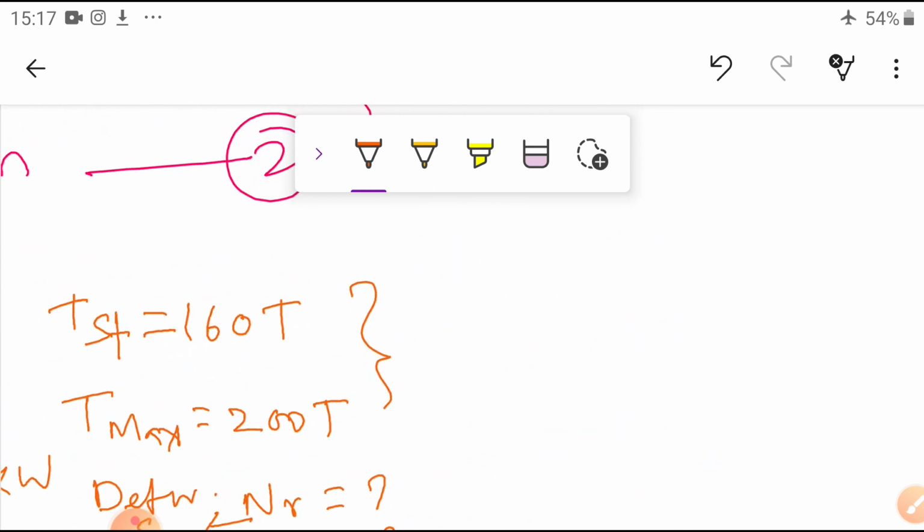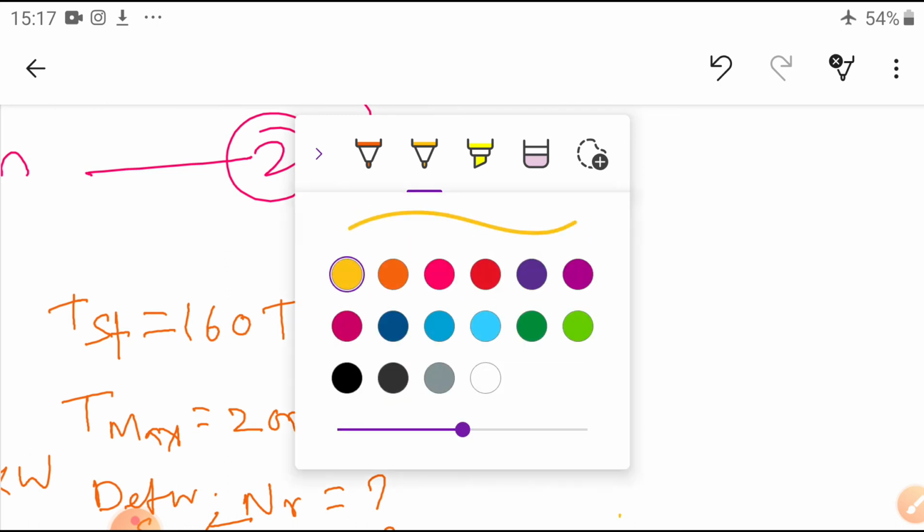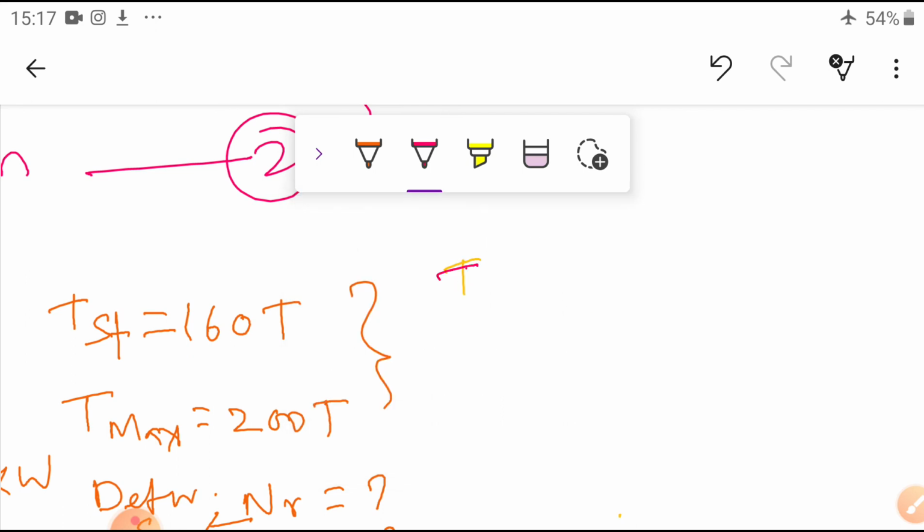Okay, that means you can take T starting by T full load is equal to 160 percent, we can write it as 1.6.